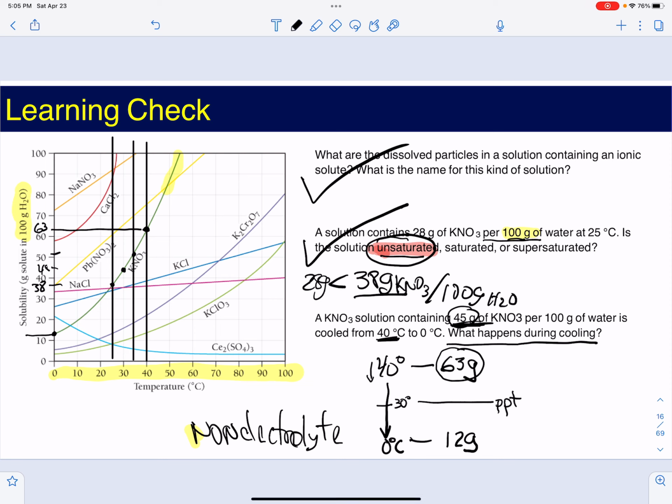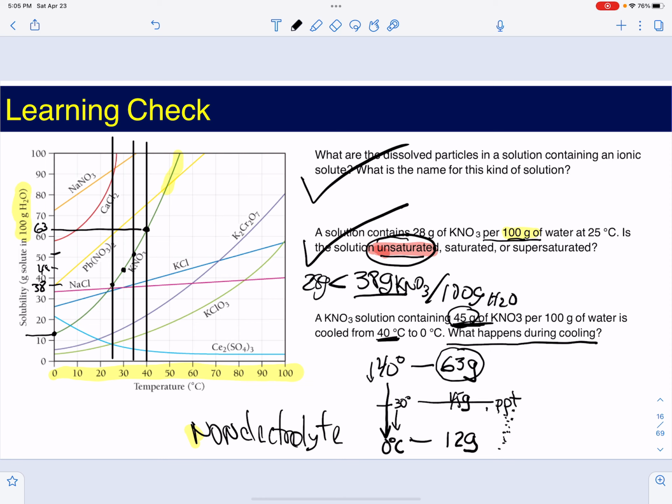At 30 degrees Celsius, the maximum I can dissolve is about 45 grams. So anything below this, I will suddenly see precipitate forming.